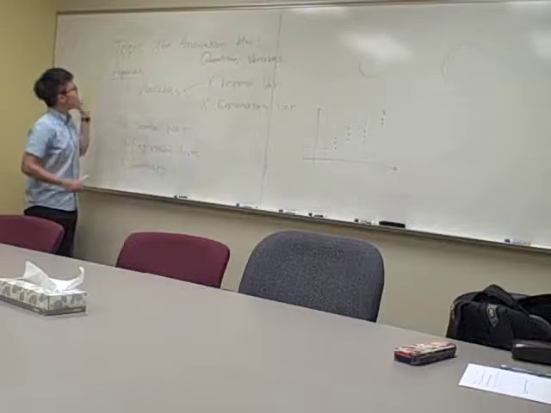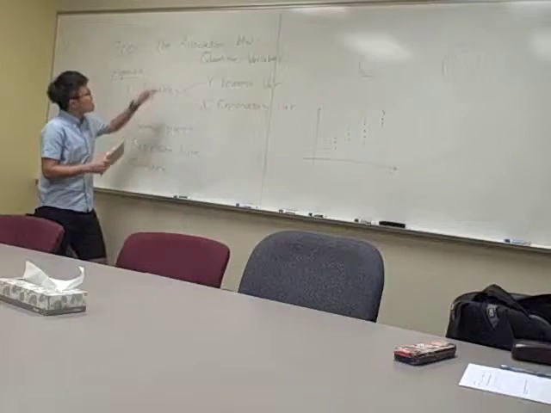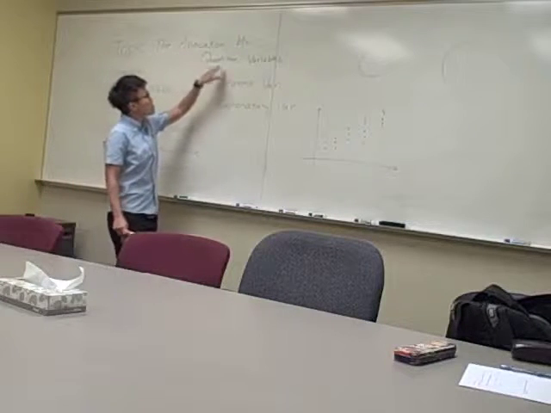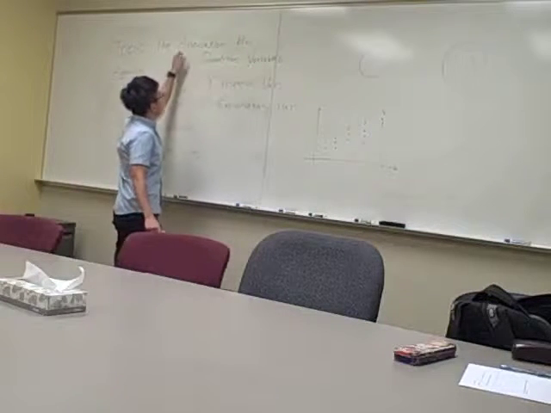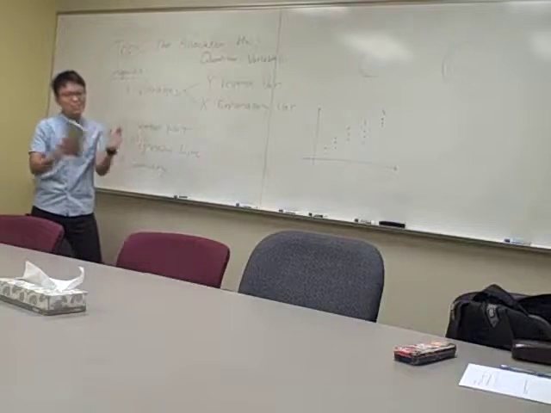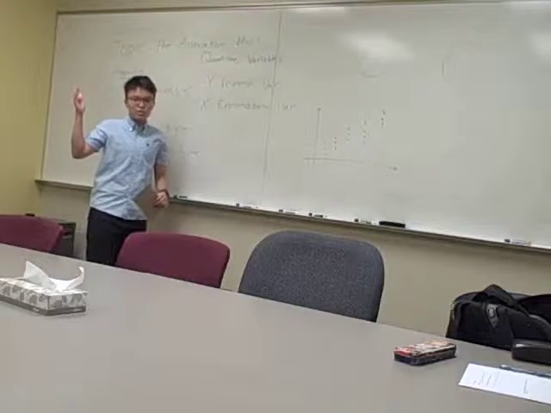Okay, so let's begin. The association between quantitative variables. The association sometimes means the relation, right? Before we talk about the relation between quantitative variables, can someone tell me what a quantitative variable is? Give some examples.